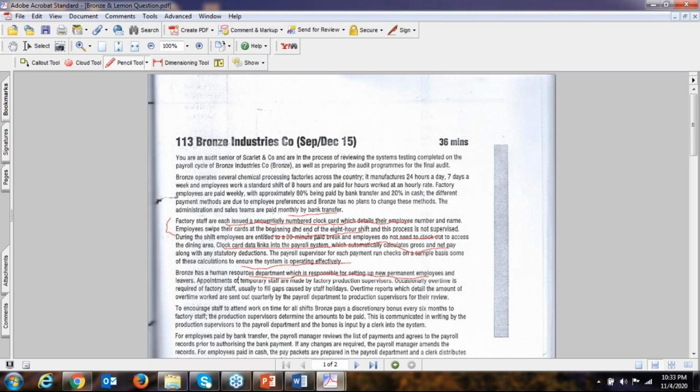So this is another key control: the management has a separate department for hiring of employees and for giving the salaries. So there is a segregation of duties. Having a segregation of duties between human resource and payroll departments reduces the risk of fictitious employees being set up.